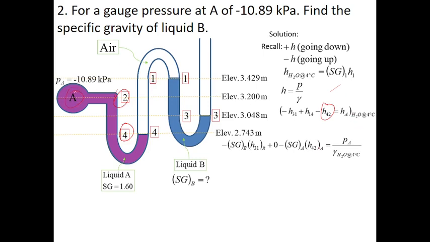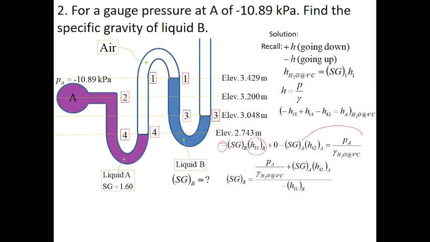HA is equal to the pressure at A over the specific weight of water at 4 degrees Celsius. So this will now be the equation. We transpose this to the right, then we divide by H31, including the sign.